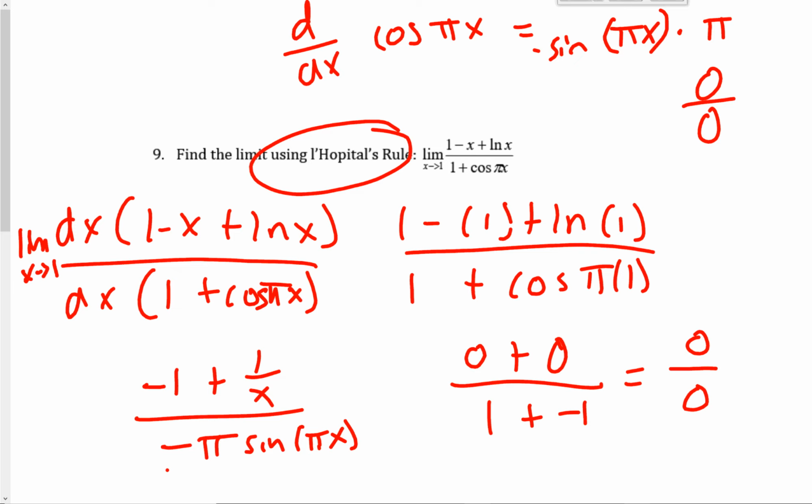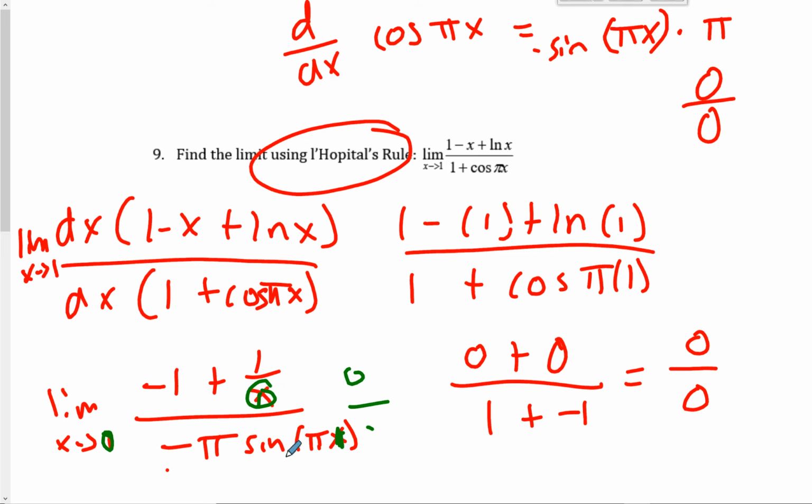Now we can go ahead and take the limit of that as x goes to 1, meaning I can plug in 1. So I'm going to plug in 1 here, I get 1. 1 minus 1 is 0. That's fine so far. I just can't have 0 on the bottom, right? Oh, I have to plug 1 in.